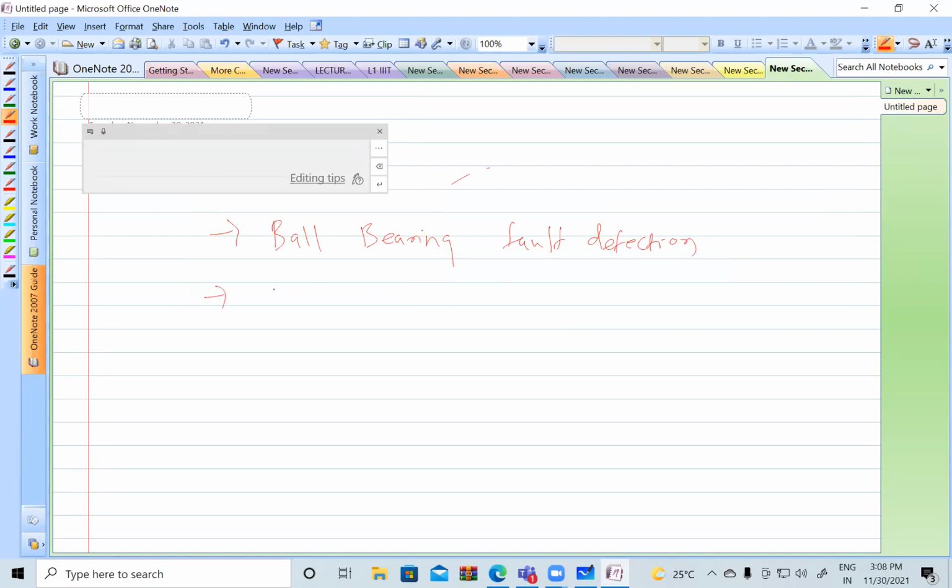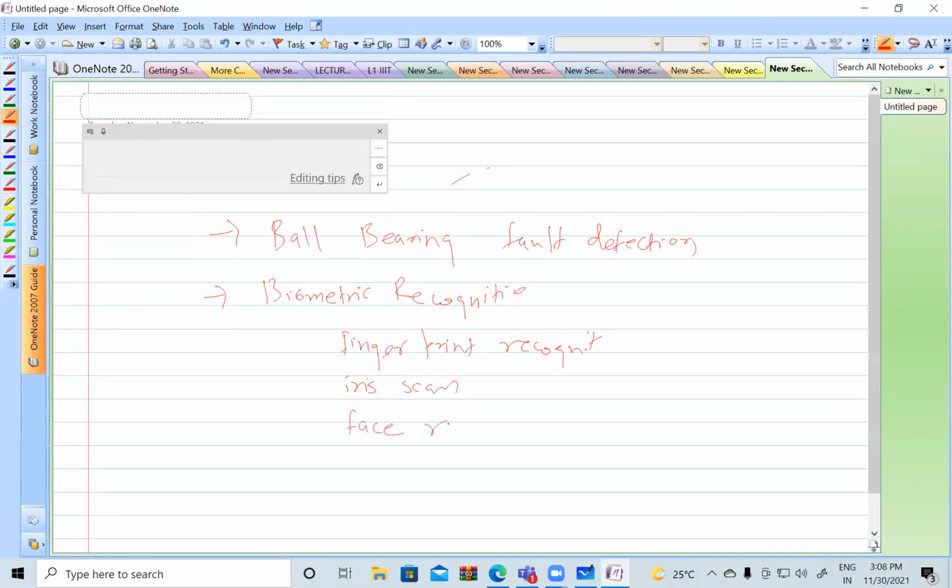Let's say biometric recognition. And biometric recognition includes your fingerprint recognition, your iris scan, your face recognition, and speech recognition is another biometric recognition.